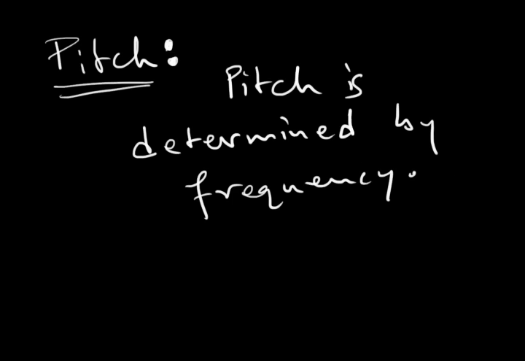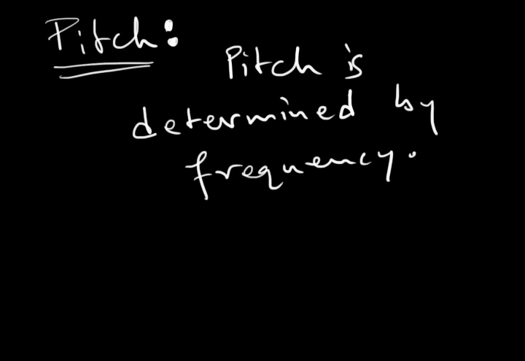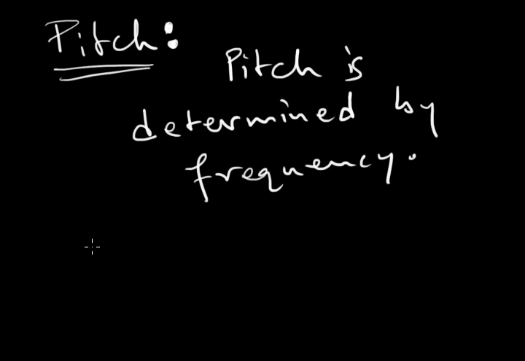So the voice of a baby is a high pitched voice. That means for a baby the voice is high pitched, and it means the frequency of the voice is high. And for an elderly person the voice is low pitched. That means the sound emitted by an elderly person is of low frequency.